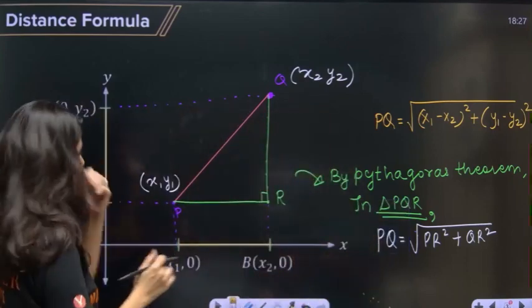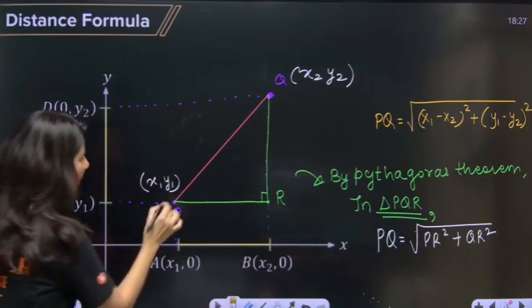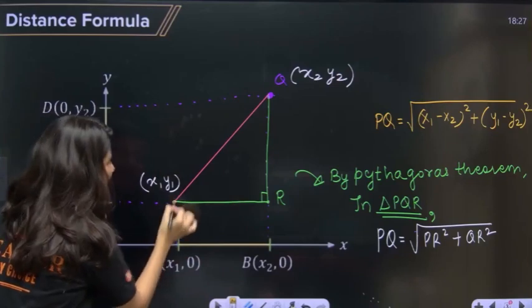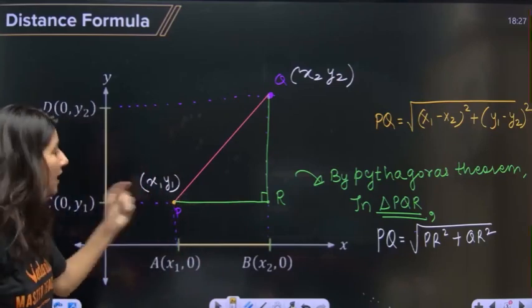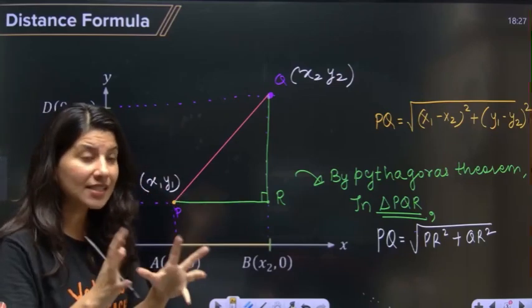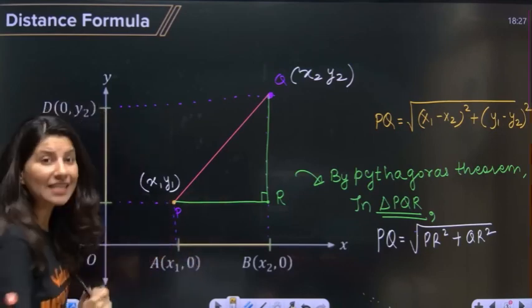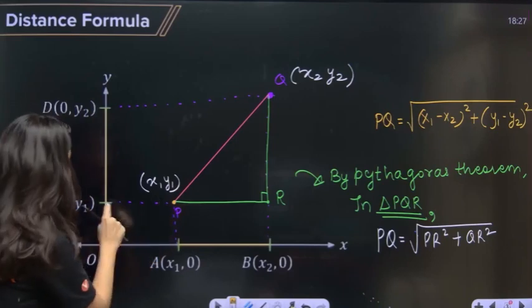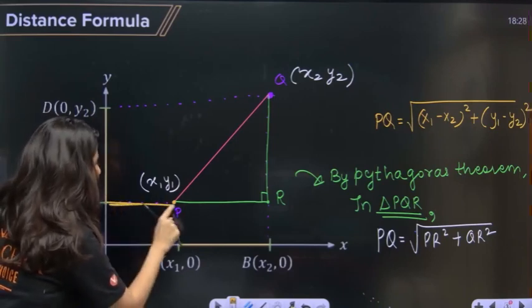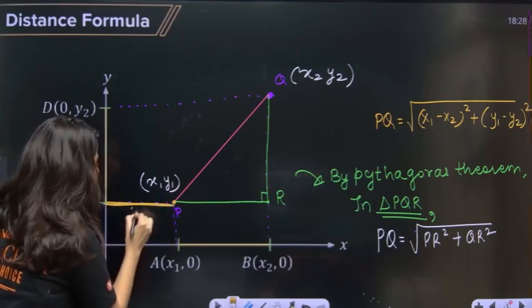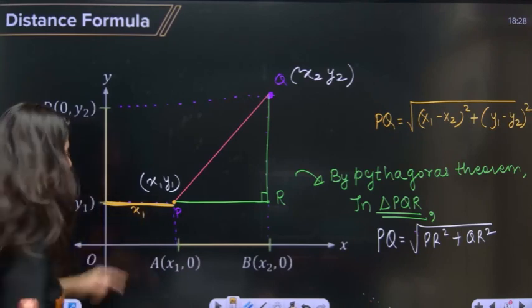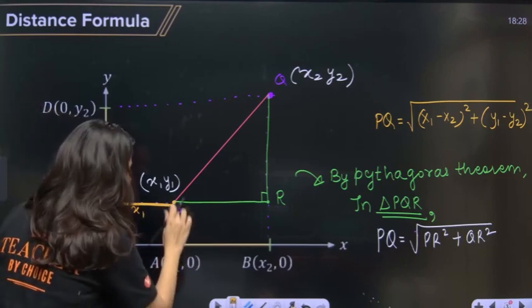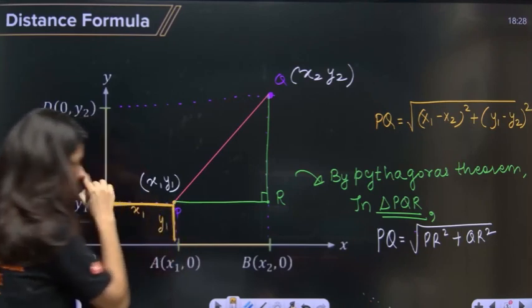Now what is PR? Let's understand. This is your PR. Can you see that this point is (x1, y1)? Now what does that mean? x1 is the distance of point P from the y-axis. The horizontal distance represents the x coordinate and the vertical distance represents the y coordinate.